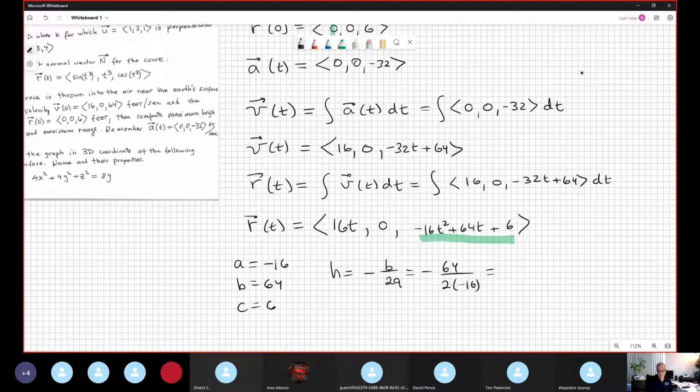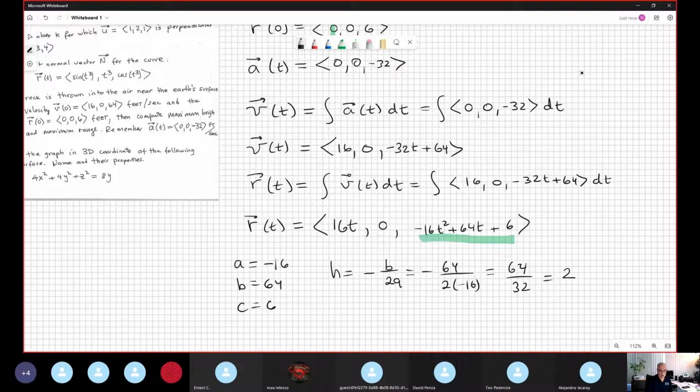So, negative 64, okay, a double negative becomes positive. The answer is positive. Positive what? Positive 64 divided by 32, which is 2. And what does that 2 mean? Well, h is the t in that case.